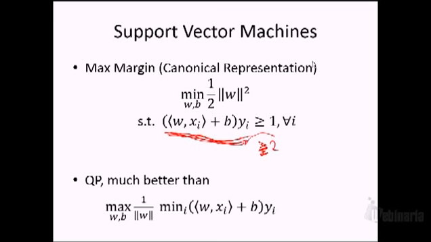So we end up with what is called the canonical representation of support vector machines, of the maximum margin problem. And now you can see that we started with an unpleasant formulation, but by cleverly choosing the constraints, we ended up with a quadratic problem.